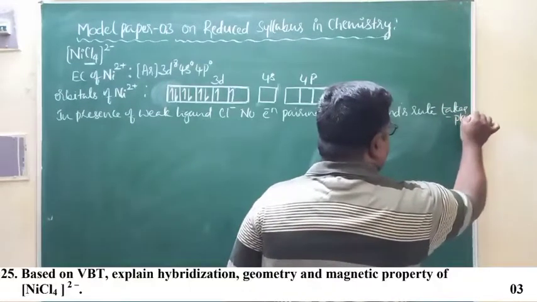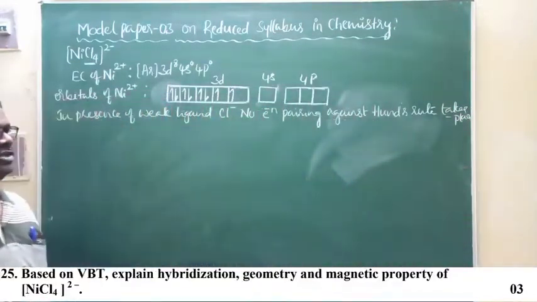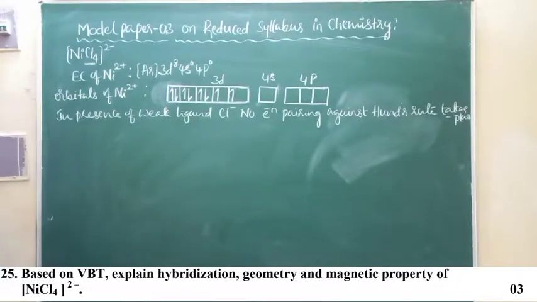You must write this sentence: no electron pairing against Hund's rule takes place in presence of a weak ligand like Cl minus.